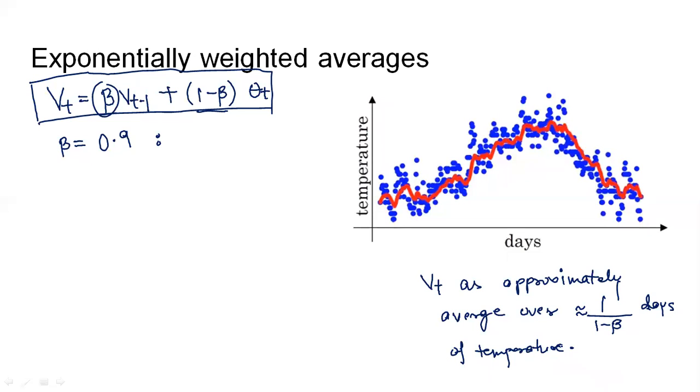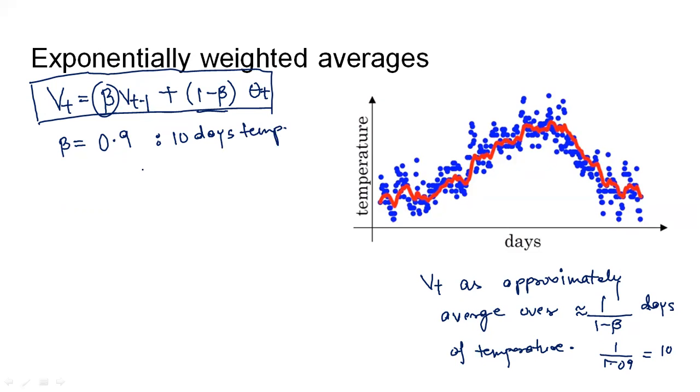What this means is, if my value of beta is 0.9, then 1 upon 1 minus 0.9 would be equal to 10. So if I write beta equal to 0.9, then I am getting a temperature Vt which is roughly an average over 10 days of temperature.